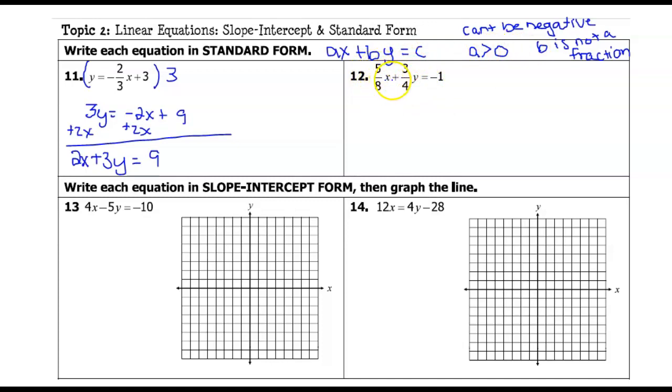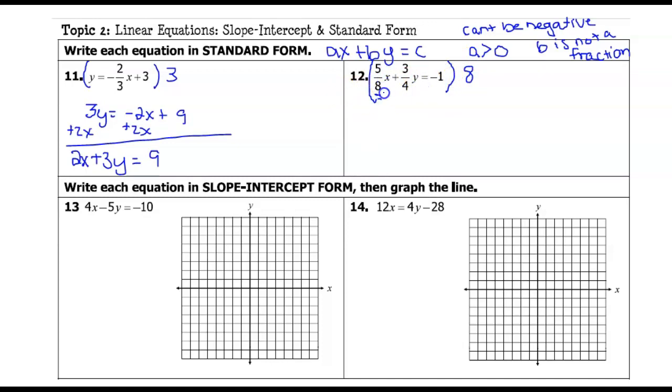5/8 x plus 3 over 4 y equals -1. All right, so the first thing I'm going to do is get rid of the fractions. Now, what I want to do is multiply by the biggest denominator. In this case, it's the 8. So I'm going to multiply everything by 8 to get rid of all the denominators.